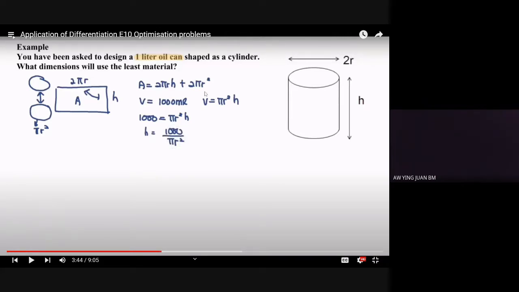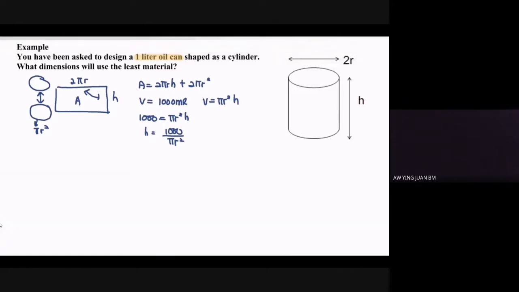So saya guna apa? Saya guna info yang saya ada, 1 liter ni volume kan. So saya dapatkan H equals to 1000 over pi R squared. Kalau saya substitute H ke dalam sini, sebelah kiri hanya A sahaja, sebelah kanan semua hanya R sahaja. So kindly substitute the H into the situation and we will obtain equation.